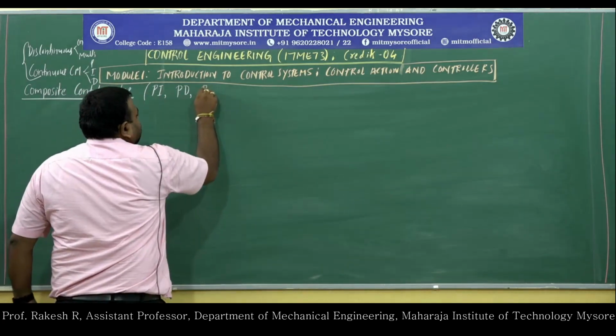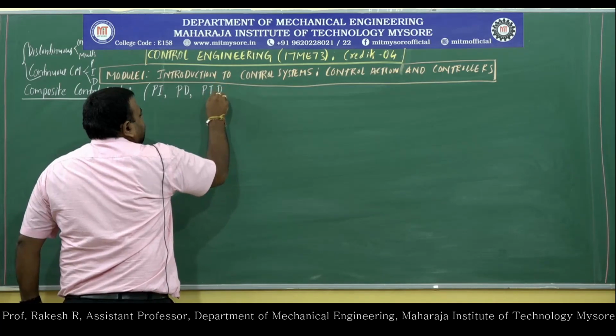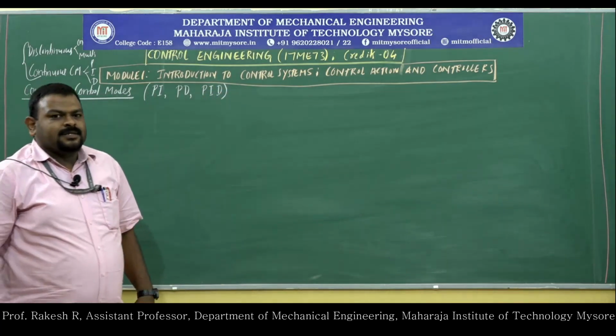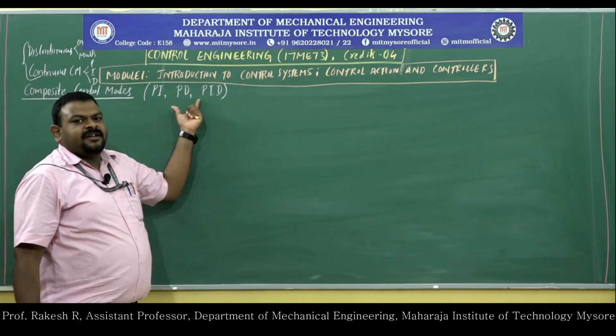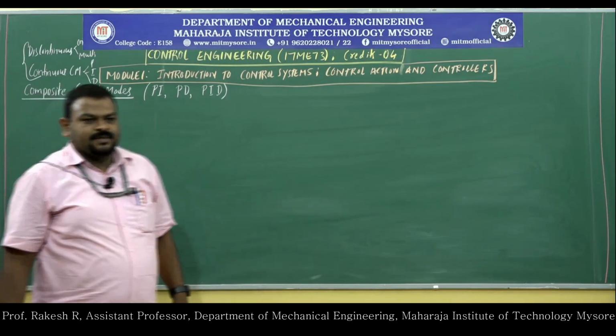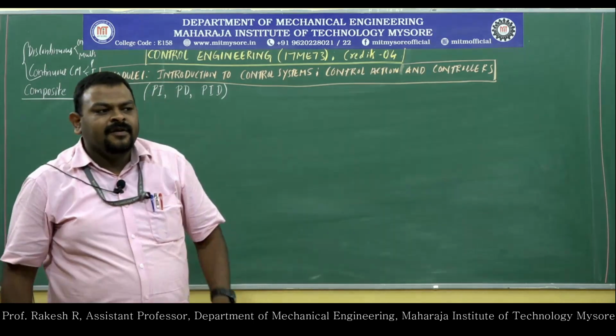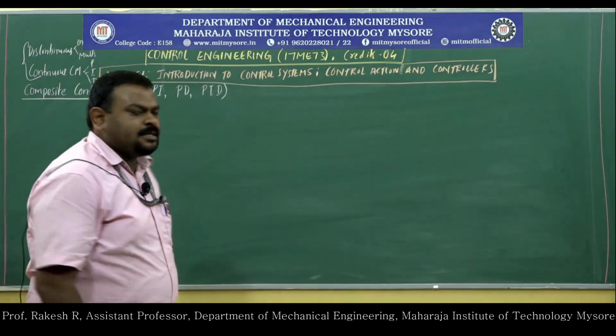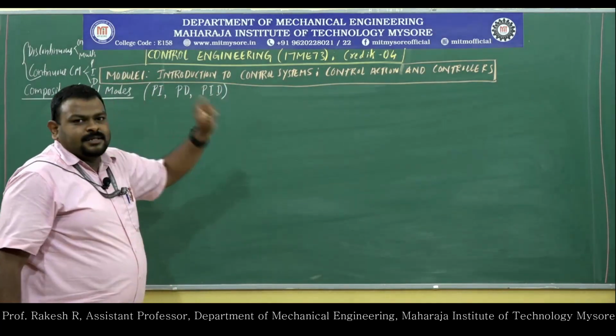Also the proportional plus integral plus derivative controller, called the PID controller. So these are the classifications under composite control modes. It is a combination of one or more continuous control modes. Let us see in detail what these are.